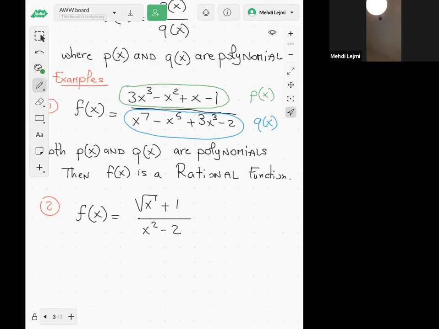This is supposed to be p of x, and this is supposed to be q of x. P of x is not a polynomial because the square root of x is like x to the power 1/2, and 1/2 is a fraction, it's not a whole number, not a positive integer.